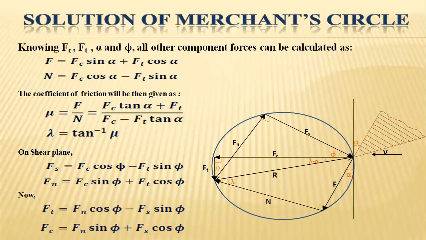Hence, the maximum force that should be imparted is equal to the cutting force with the sine angle plus the thrust force with the cosine angle. And the normal here represents the cutting force cosine angle minus the thrust force sine angle. So these are the formulations.